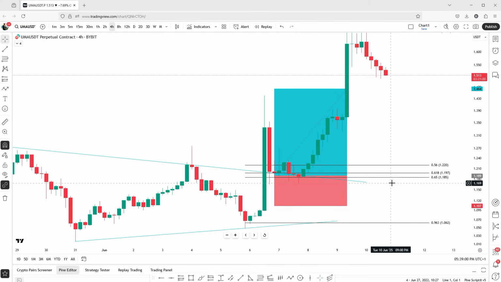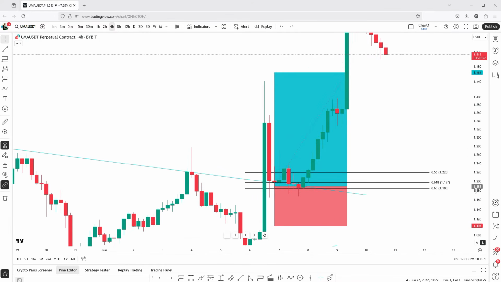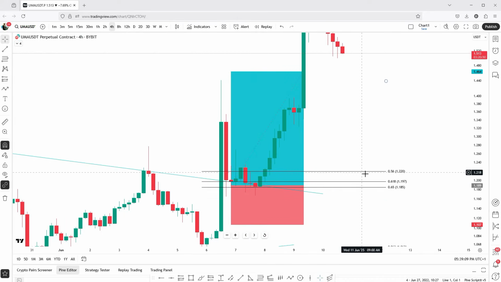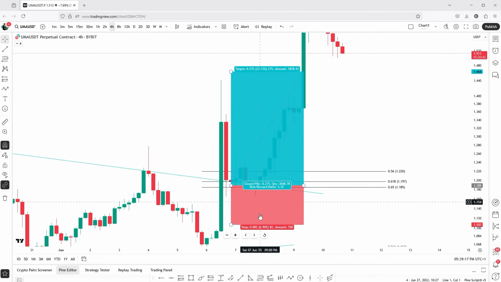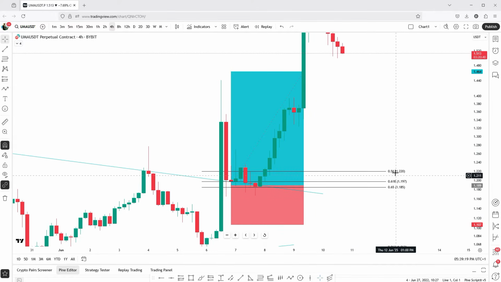So what I do is go to Bybit, and I use the order type called the scaled order type. That allows me to automatically set 3 different limit orders, so that when the price gets here, this will be my first entry, then this will be my second entry, and then this will be my last entry, with my stop loss down there. Inside the bracket is the price of the asset I'm looking at.